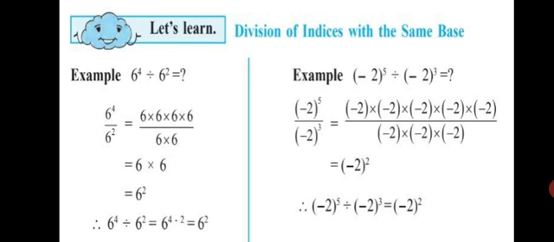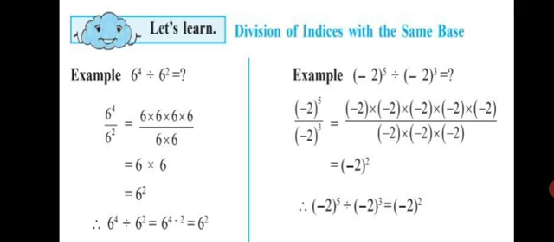Minus 2 raised to 5 divided by minus 2 raised to 3 is equal to question mark. So usually we would write it as minus 2 raised to 5 upon minus 2 raised to 3, which is equal to, write the multiplication form, minus 2 into itself 5 times and down in the denominator minus 2 into itself 3 times.